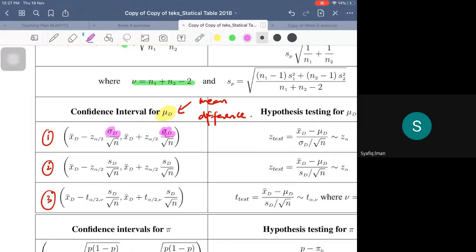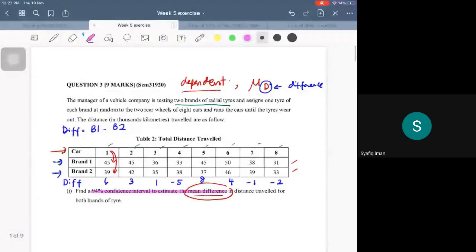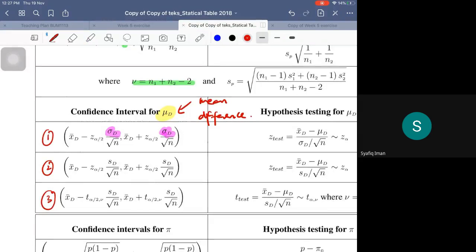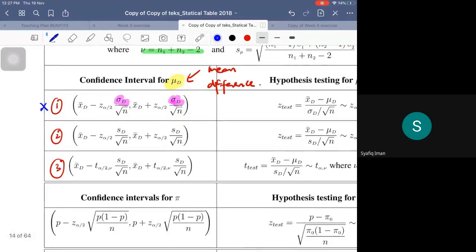If you refer back to this question, nothing is telling us about the mean difference of the population. So right away we are going to rule out formula number 1. So we either have formula number 2 or number 3. Should we pick formula number 2 or number 3 for this case? 2 or 3?